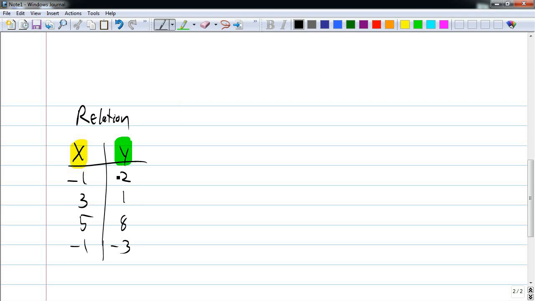Now, if the relation looks a certain way, and here's another example of a relation.